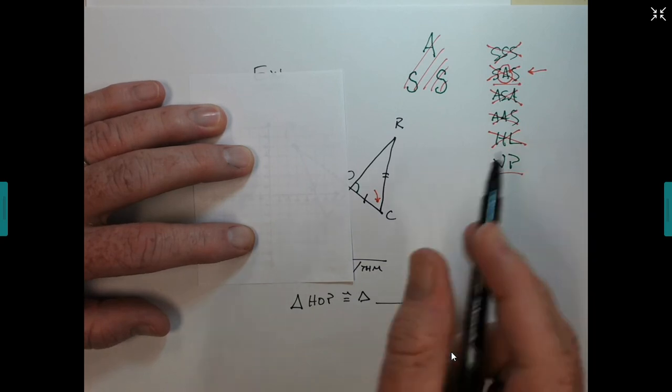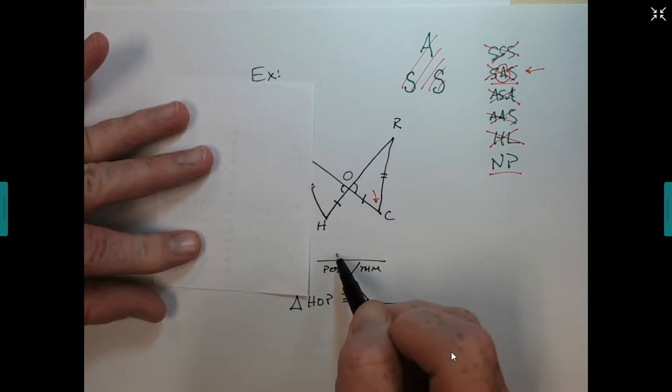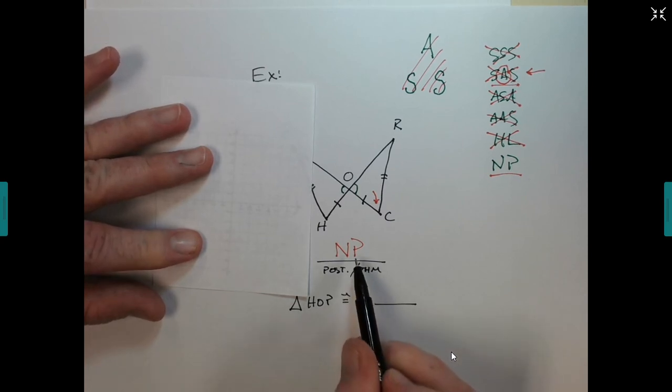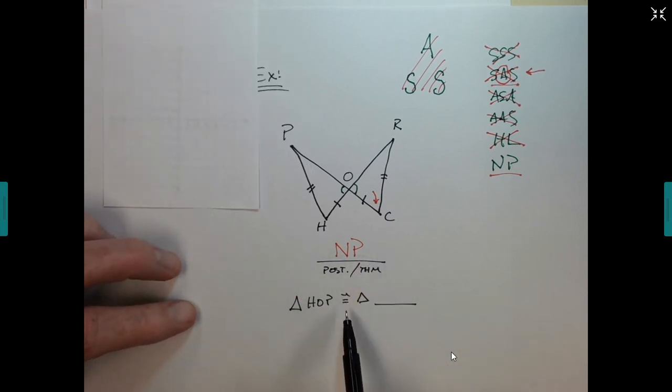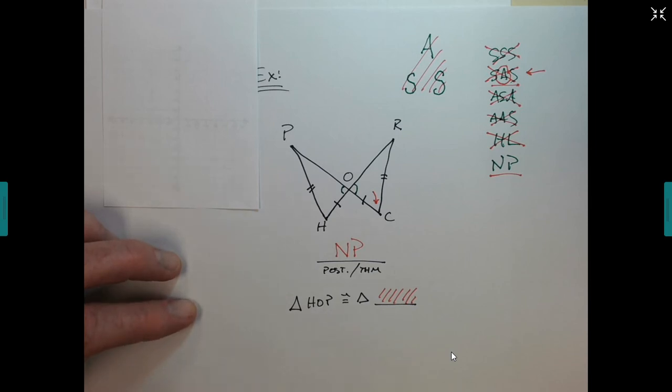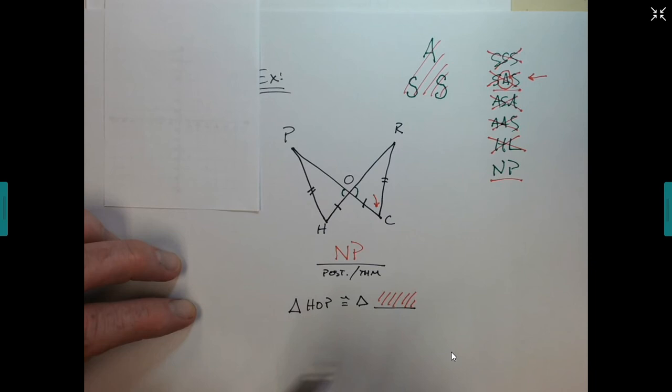So instead of a postulate or theorem, we're going to say this is not possible. Since we said not possible, we certainly shouldn't be naming 2 triangles that are congruent. So the best idea is to either leave that blank, don't mark anything in there, or mark something out.